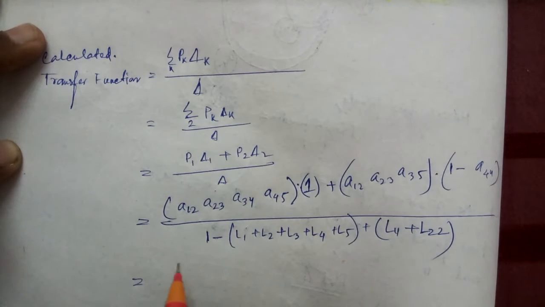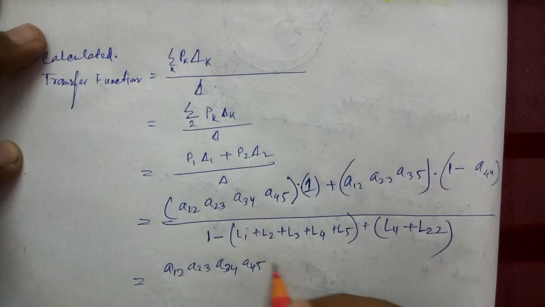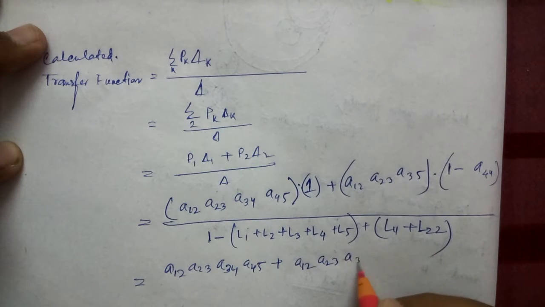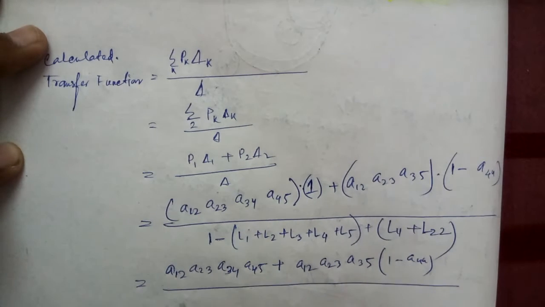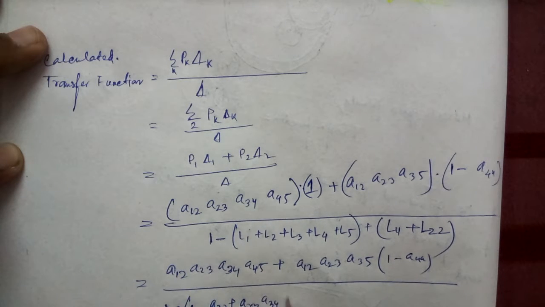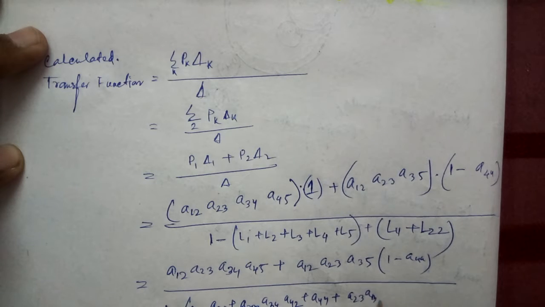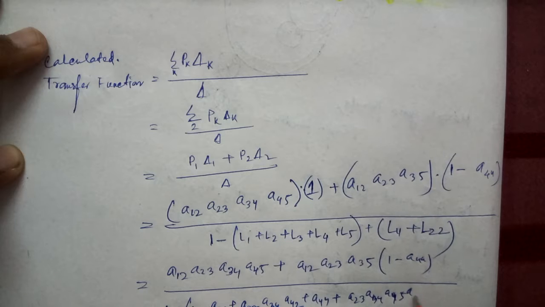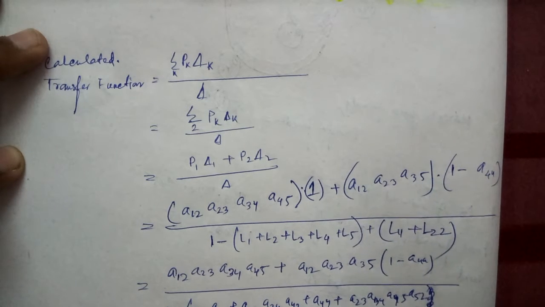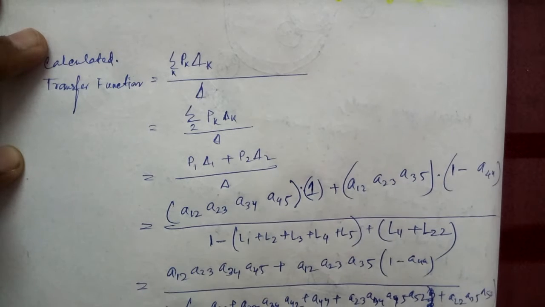We can substitute all the values calculated previously, and finally the transfer function will come like this: plus a12, a23, a35 into 1 minus a44, by 1 minus L1, which was a23, a32, plus a23, a34, a42, plus a44, plus a23, a34, a45, a52, and L5 was a22, a35, a52, plus L11 minus L22.